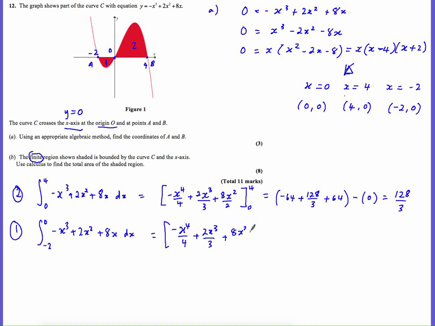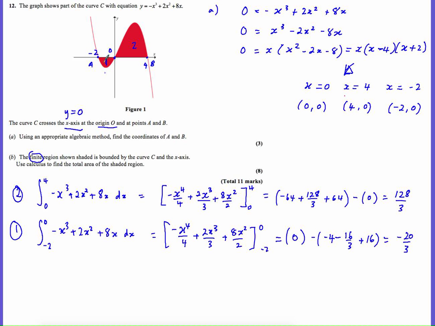It'd be a good way of checking in the exam. Between 0 and minus 2: when I put 0 in, I get 0, because all of these have x in. And then I get minus 4, minus 16 over 3, plus 16. When I work that out, I get minus 20 over 3.